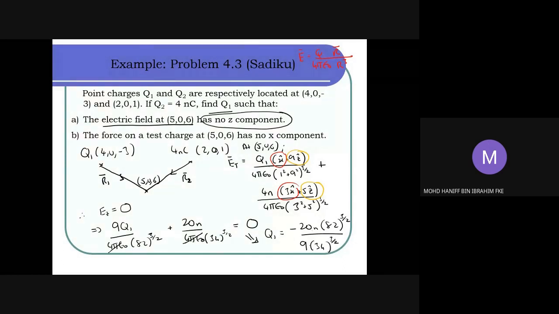That should be the amount of charge obtained if we consider that the Z component of the total E field at 506 is 0. That should be the charge amount Q1 in Coulomb.